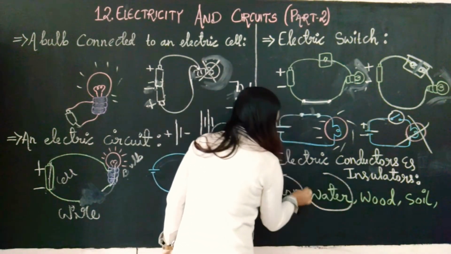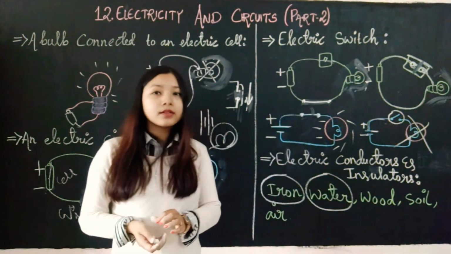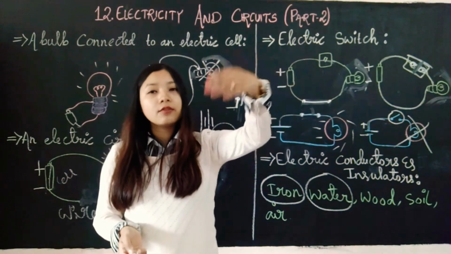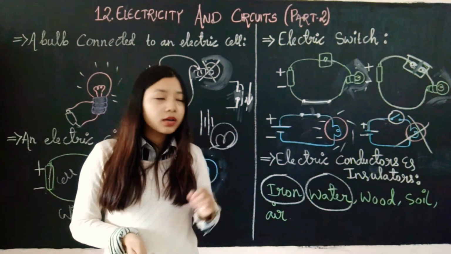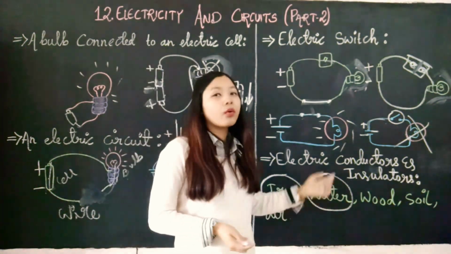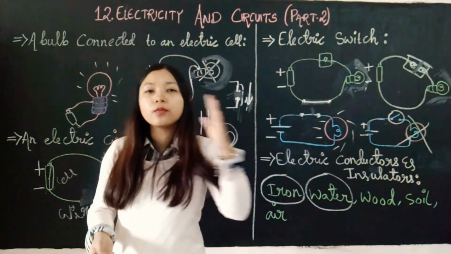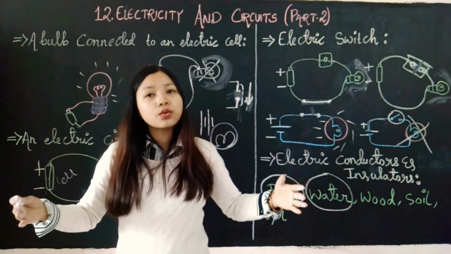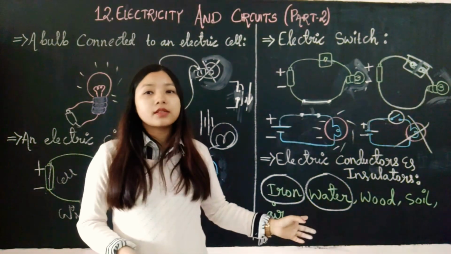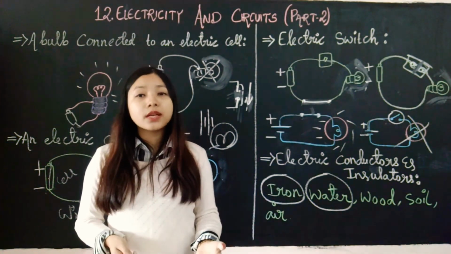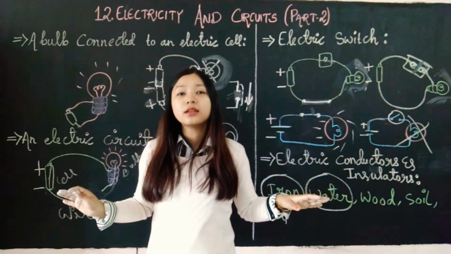Water also. Don't your parents tell you that if there is an electric wire nearby water, you might get an electric shock? That is because water also transfers electricity from one point to another. So it is also a good conductor of electricity. Whereas on the other hand, there are some materials which don't pass the electricity.